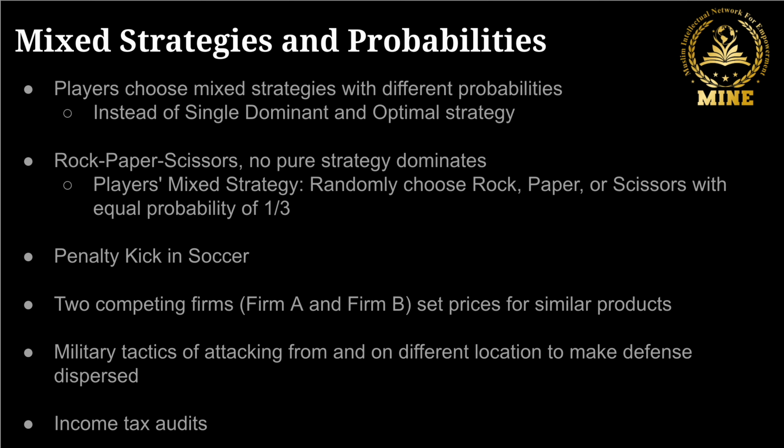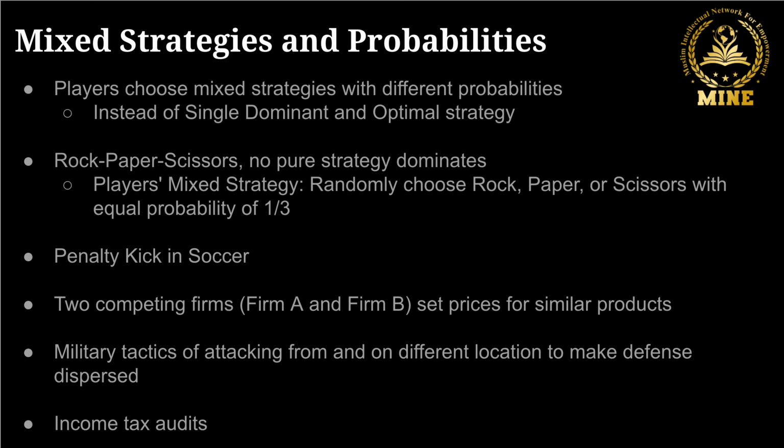Again, in terms of military tactics, attacking from one direction will make it too predictable for the country receiving the attack, and the country on its defense side has to disperse its assets so that they don't get all their assets destroyed by the other country's attack.